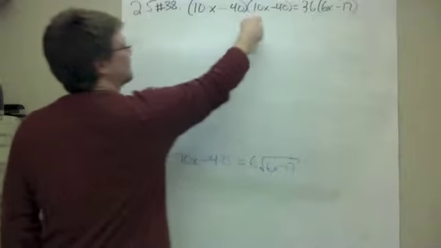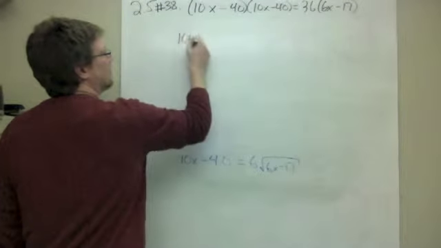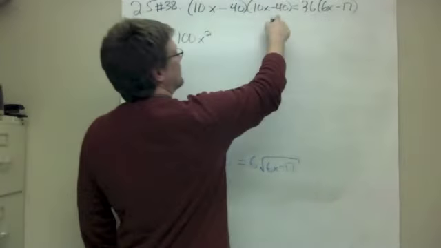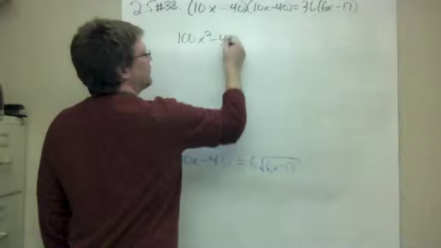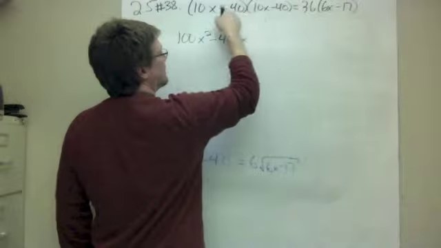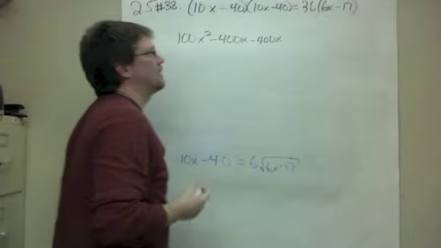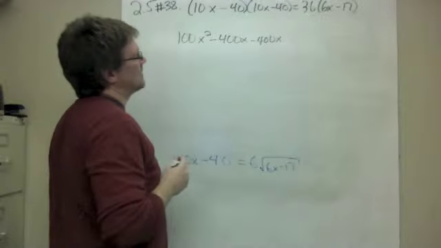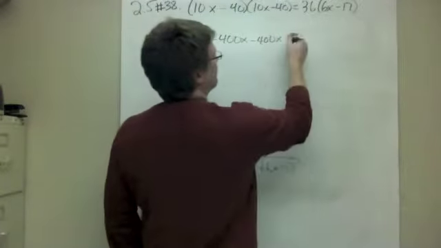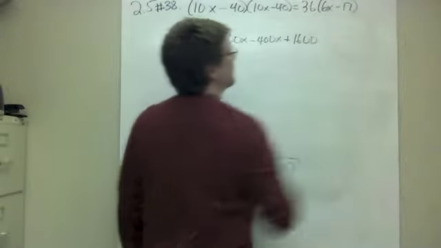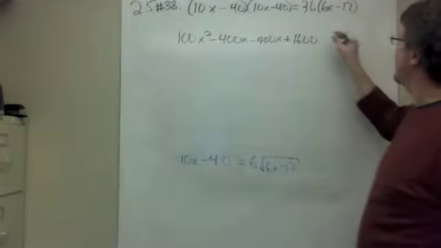I want to do this calculation to get the values that I need. Well, 10x times 10x is 100x squared. 10x times a minus 40 is a minus 400x. Another 10x is another minus 400x. 40 times 40 is 1600. Minus and a minus is a plus. Okay? Our 36 I can distribute.